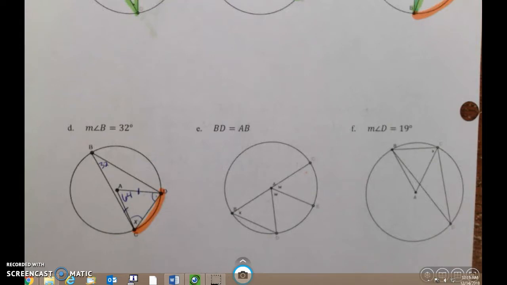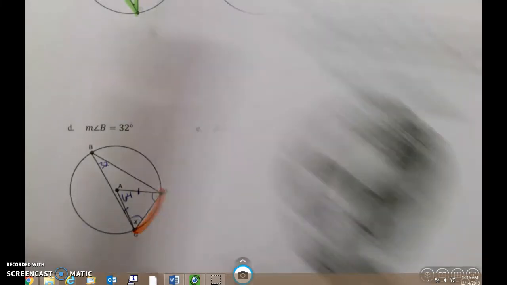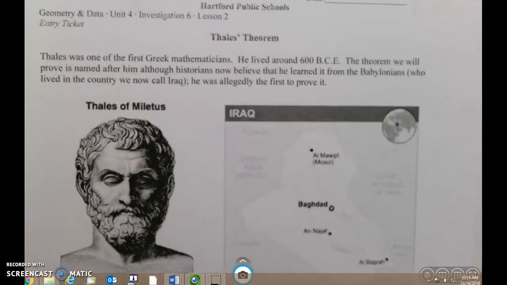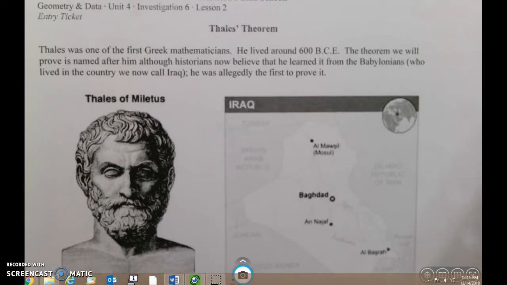And I just want to talk to you about a couple other quick things that have to do with these same ideas. And the first idea to talk about is Thales' theorem. You can read a little bit about him at the top of page 100.